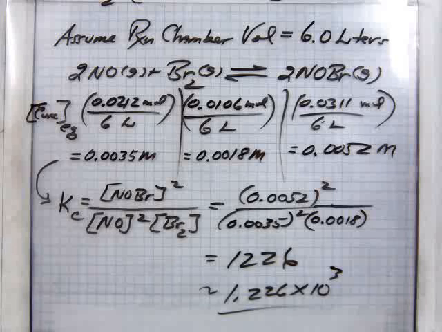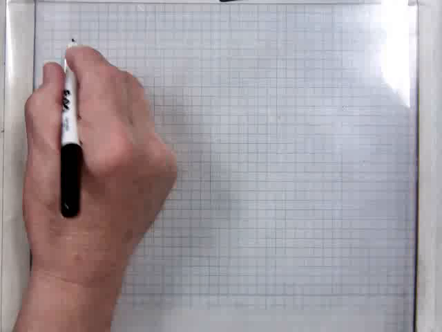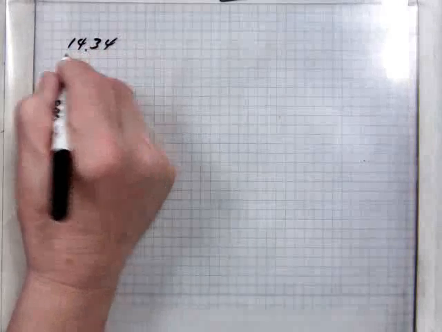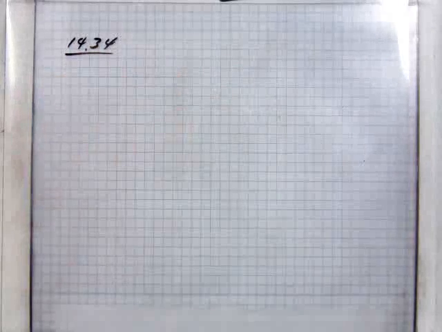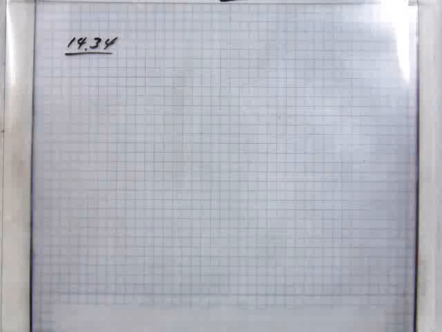Let's take a look at some other outcomes. So 1434, you still build the equilibrium ice table just like you have in the past, but you're starting at the equilibrium end of the table and working backwards to the initial concentration according to question 1.